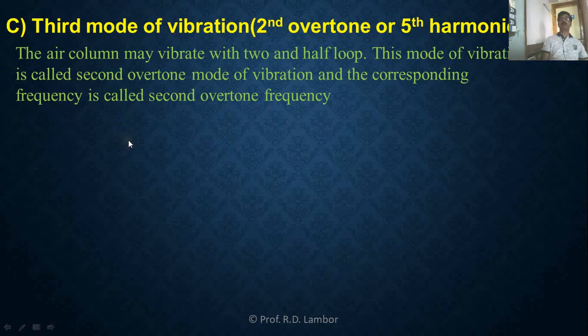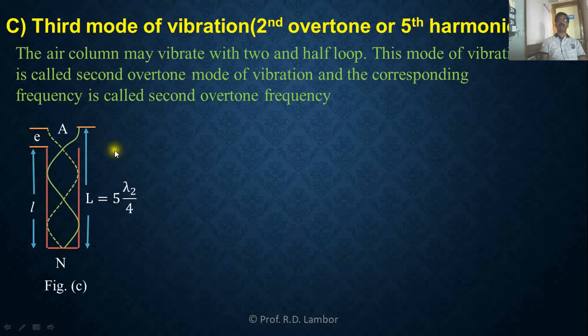So in this third mode of vibration, air column is vibrating with 2.5 loops. So let us go through the diagram explaining third mode of vibration. See this. In this diagram, air column is vibrating to form longitudinal stationary waves with 2.5 loops. Means in all there are 5 half loops.